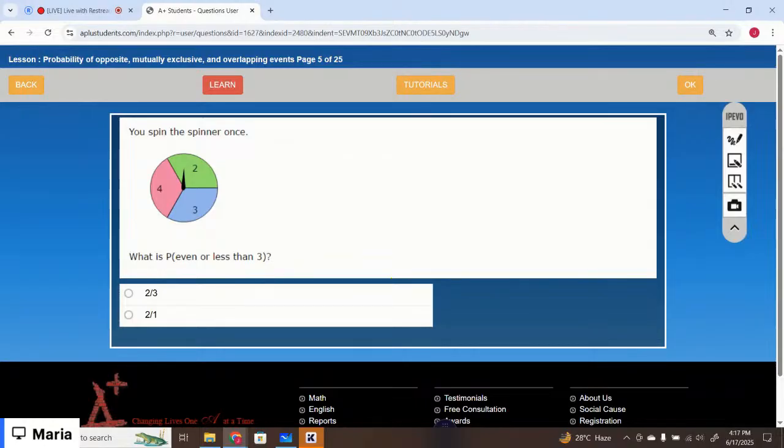Spin the spinner once. What is the probability of even or less than 3?